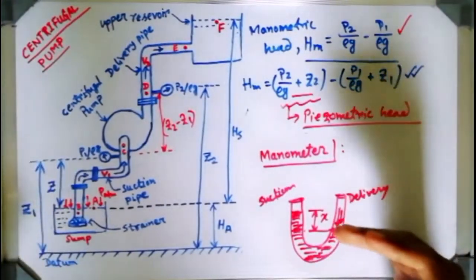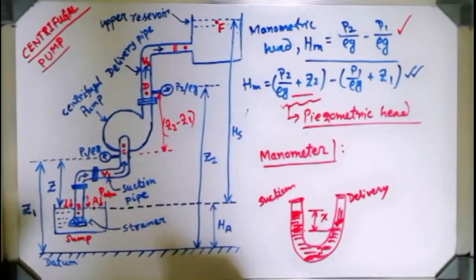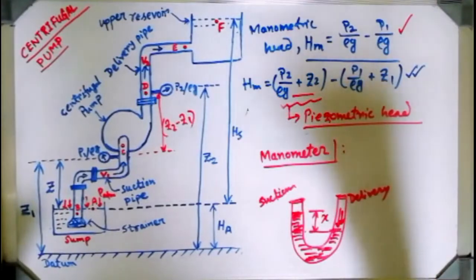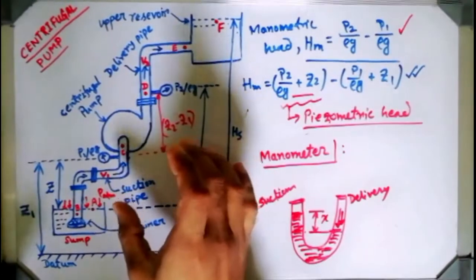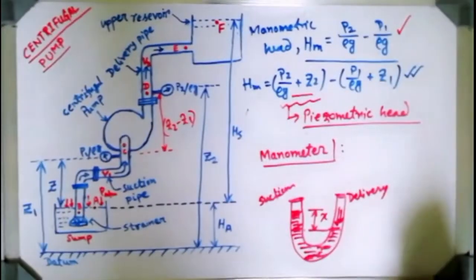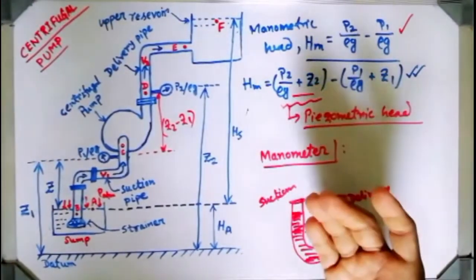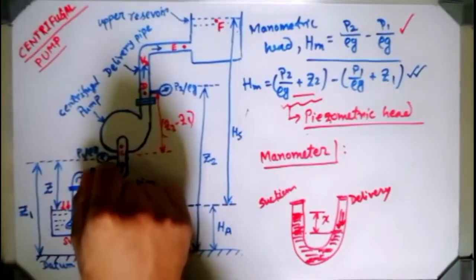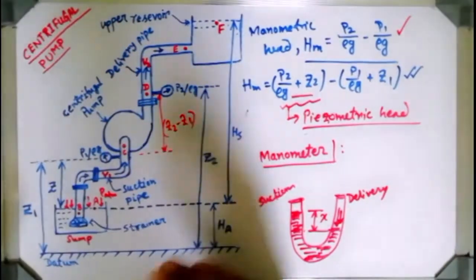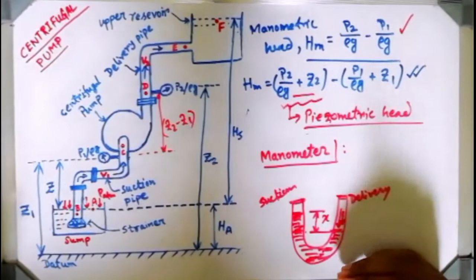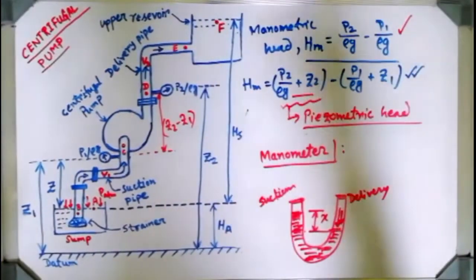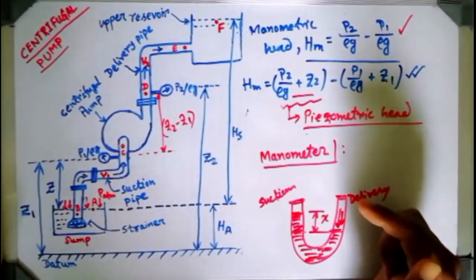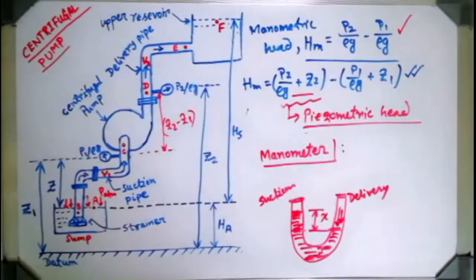It is very problematic to handle since it must be made of glass, it breaks easily, it is hard to connect, and it consumes some space. Much difficulty from practical aspects is there. That is why we connect pressure gauges, not the manometer. But the manometer gives you the data directly, and that is the background behind why this head difference is known as manometric head.